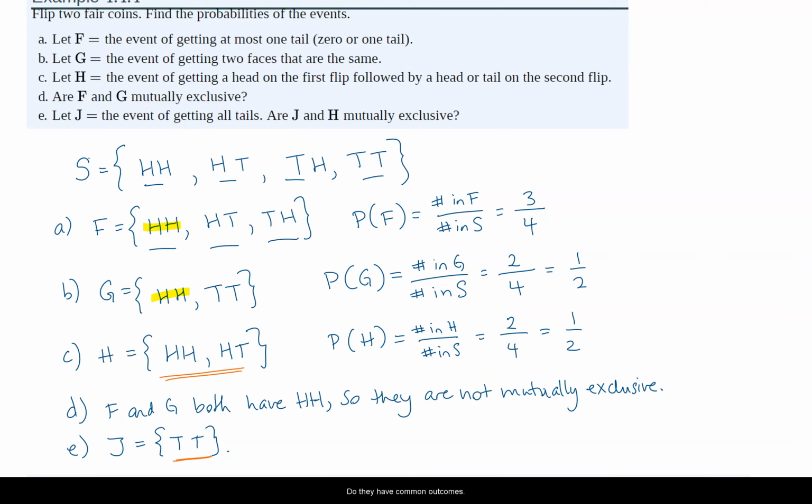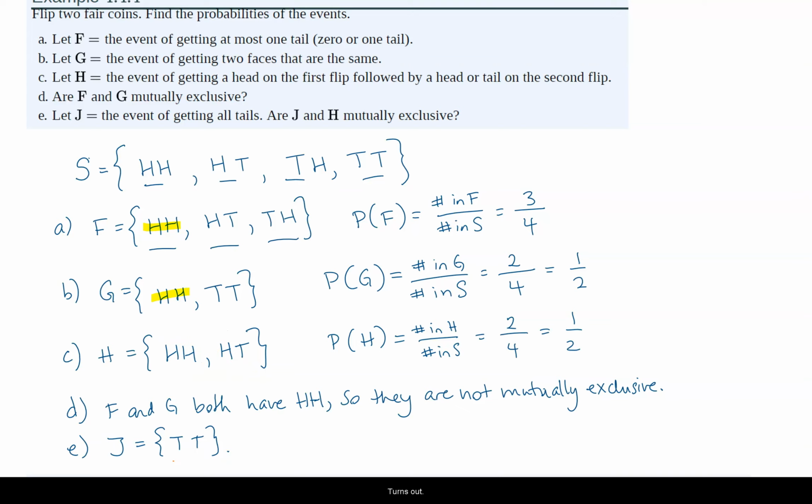Do they have common outcomes? Remember, outcomes in this instance is a pair of letters. So heads, heads is an outcome. Heads, tails is an outcome. Not just one heads, but the 2 letters together.